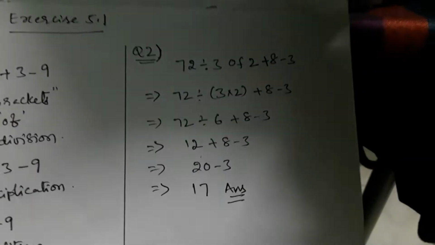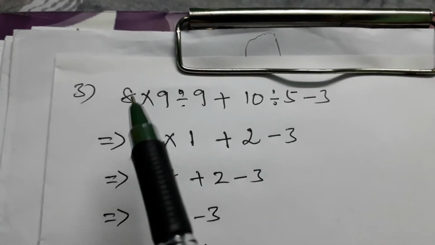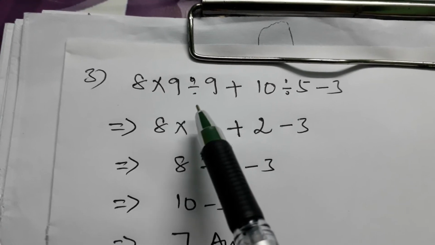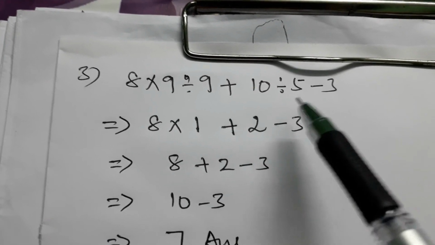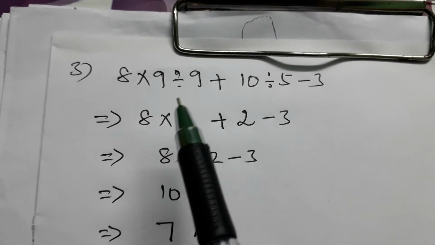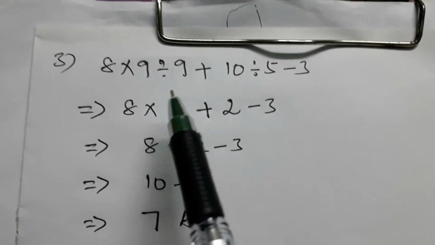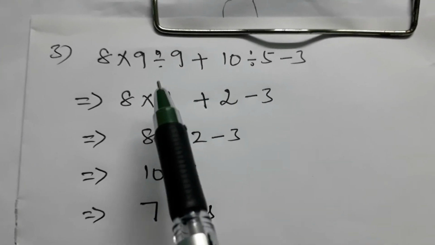Okay, now I want to solve some more questions here. See, 8 into 9 divided by 9 plus 10 divided by 5 minus 3. Here no brackets. Second step, 'of', not there. Third step, divisions.